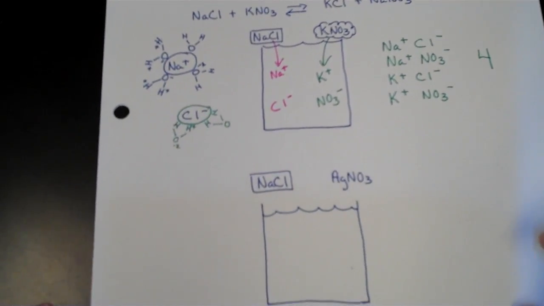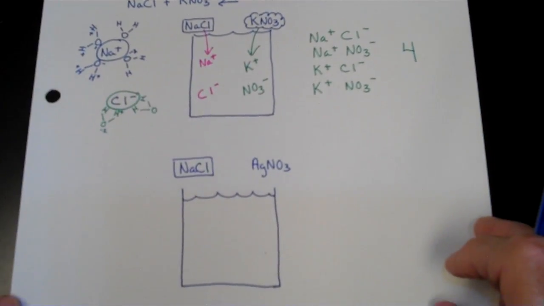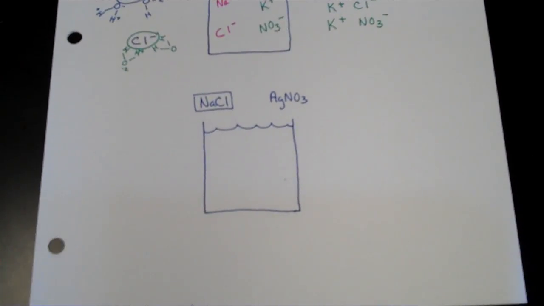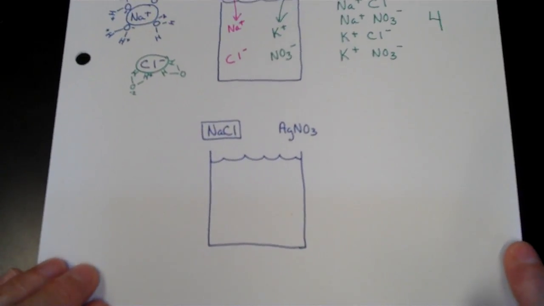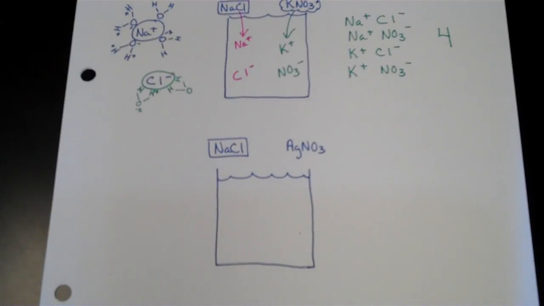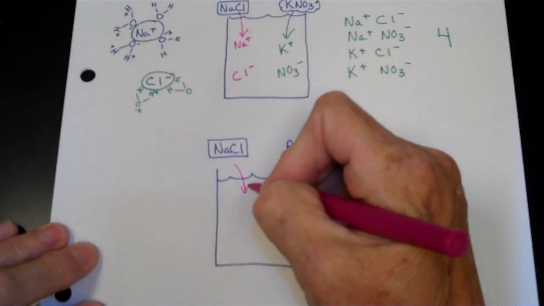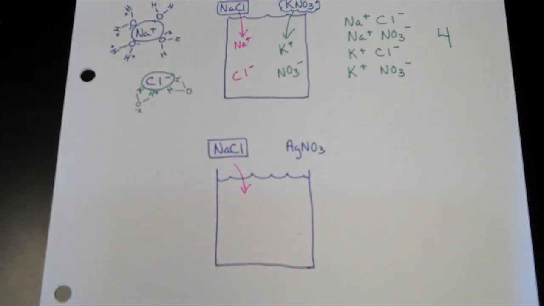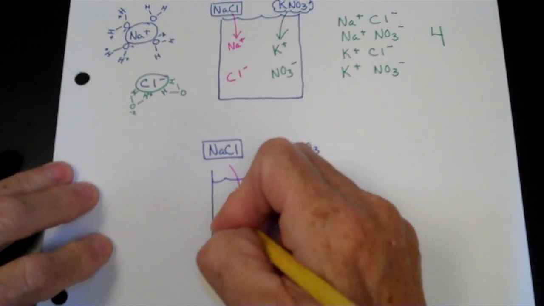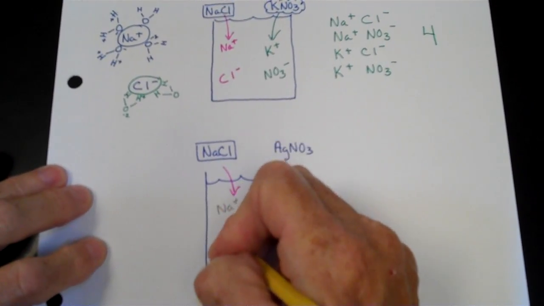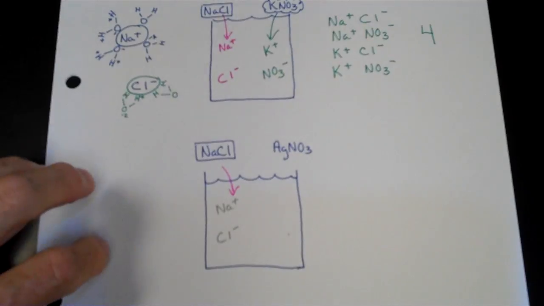Now, let's compare this reaction to a reaction between NaCl and AgNO3. When we have this reaction occurring, lots of similar things are going to happen. We would have the NaCl going into solution and forming Na plus ions and Cl minus ions.